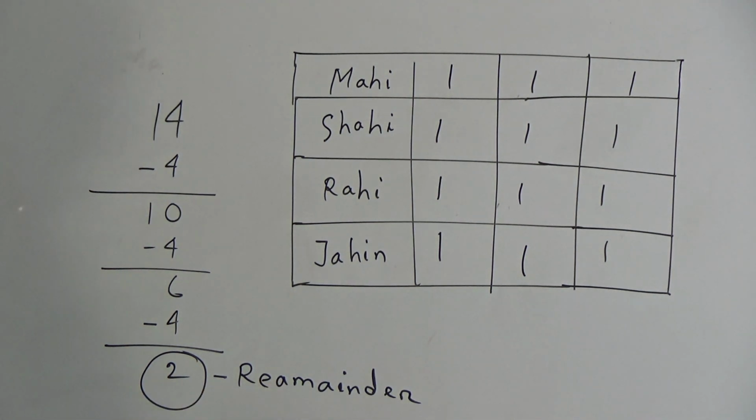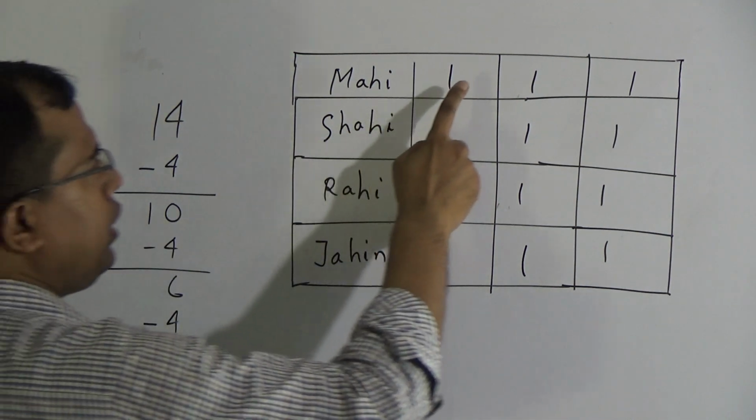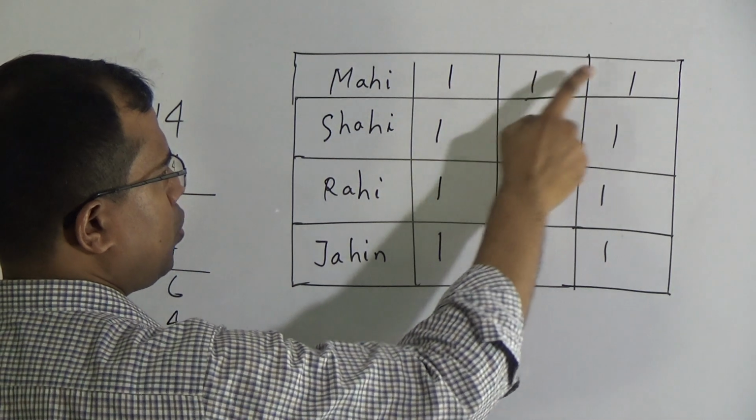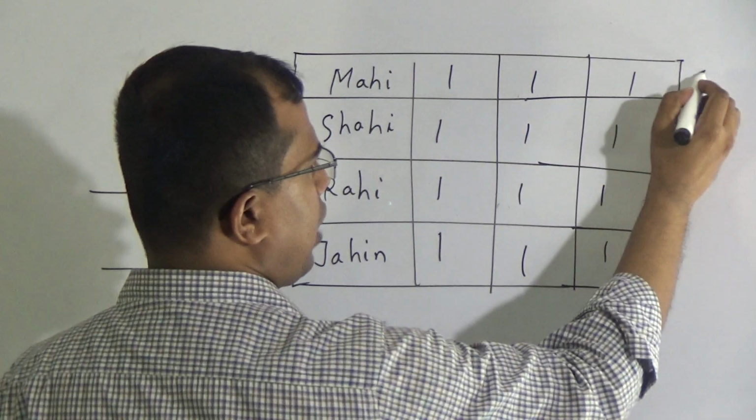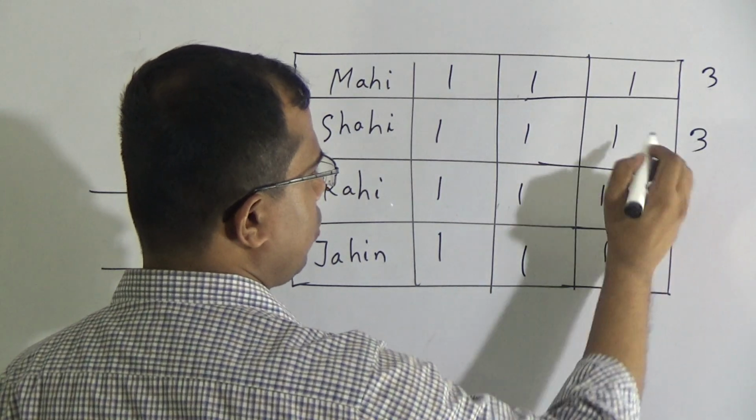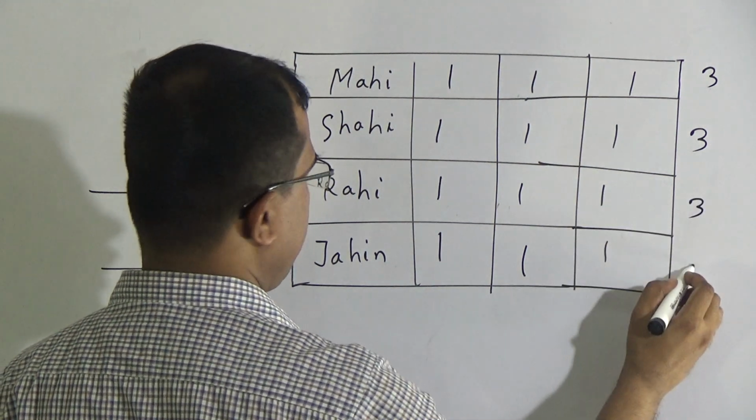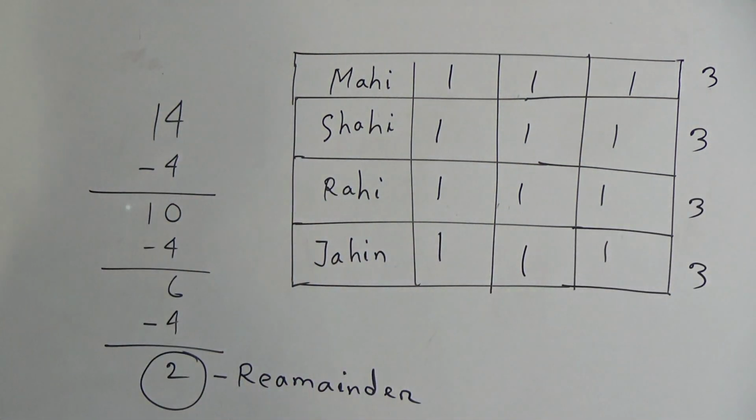Now the question: after distribution, how many chocolates will each student get? Here Mahi will get 1 plus 1 equal to 2, 2 plus 1 equal to 3. Mahi will get 3 chocolates, Shahi also will get 3 chocolates, Rahi also 3 chocolates and Jahin also will get 3 chocolates.